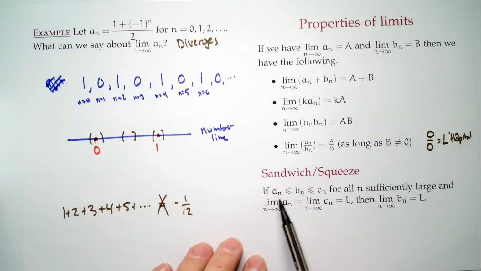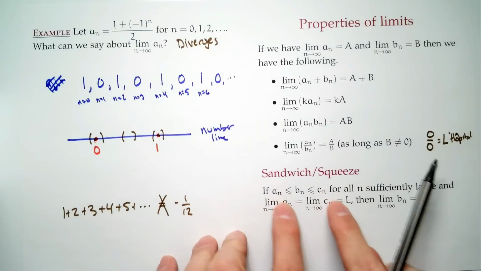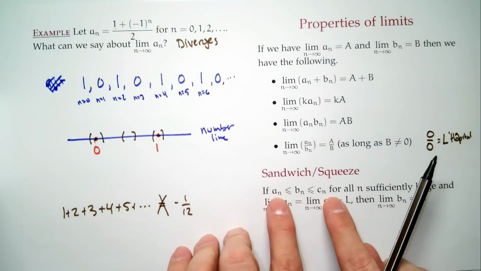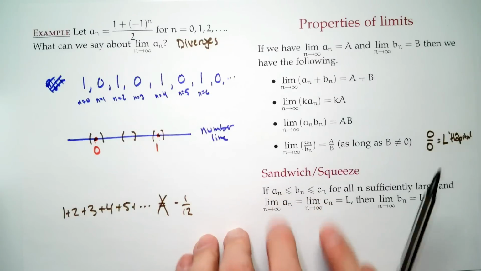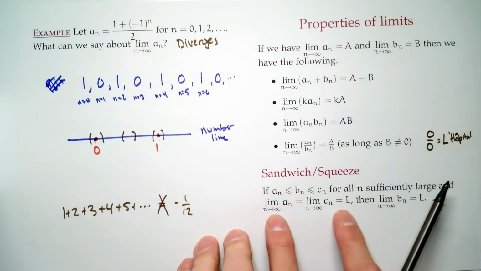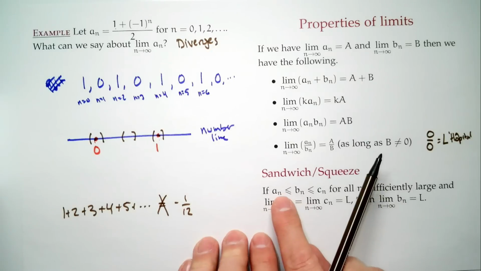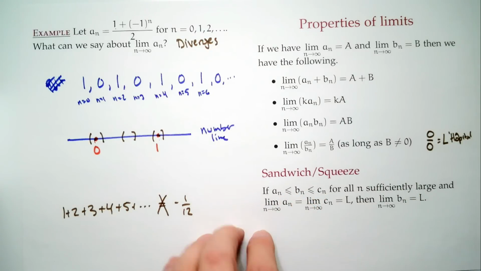If you can bound a sequence between two better behaved sequences such that both agree in their limits to L, so a sub n is about L, c sub n is about L, that's what this statement says, then the thing in between them also has to be about L. So it also converges to L.